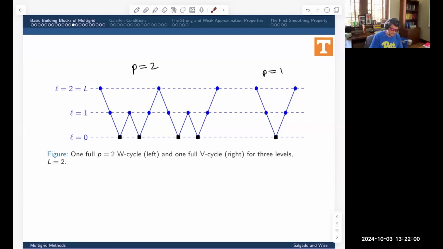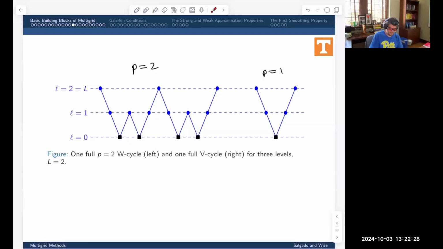If you look at the V cycle, it only uses P equals 1 maximum, and so it goes down to the coarse level. It keeps going down until it hits the coarsest possible level, and then finally it's going to come back up. So if you keep track of your level numbers as you're going along and do P equals 2, you're going to see that you get these sort of W shapes carved out.